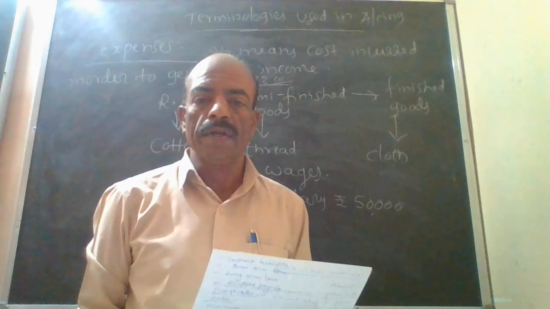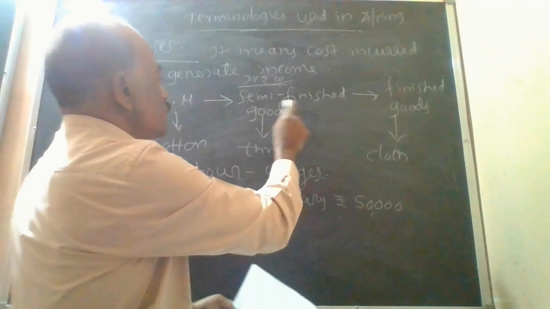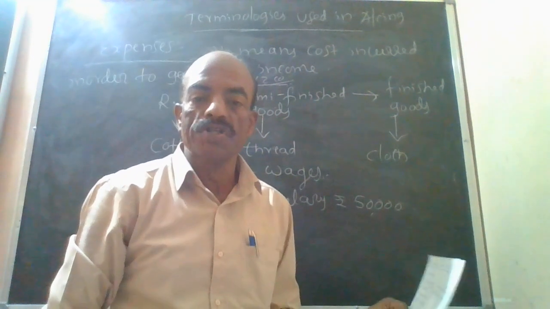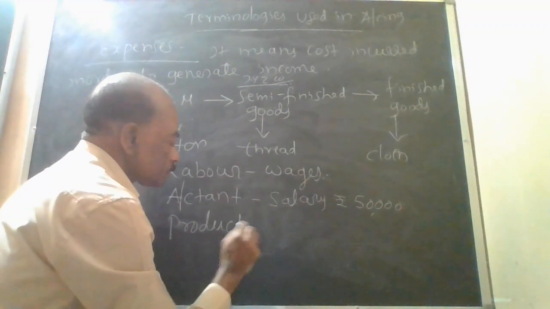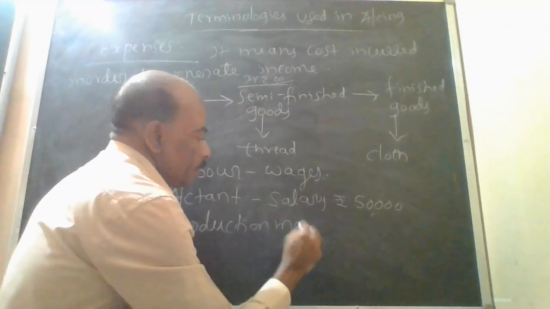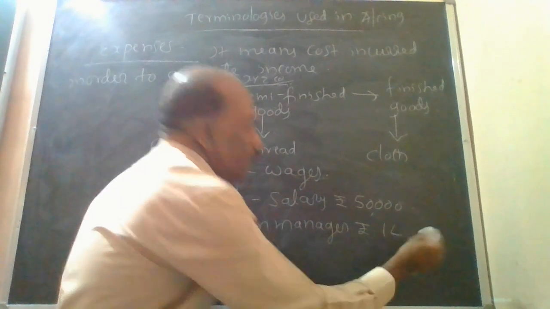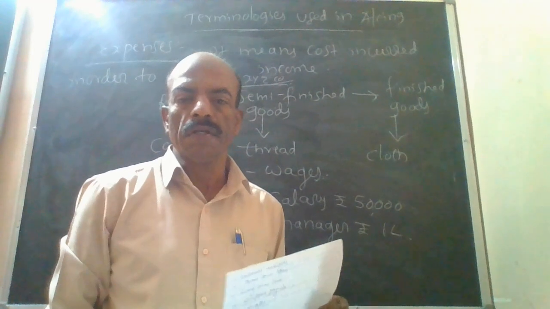We are going to convert the raw material into semi-finished goods or finished goods. For that, we have to appoint a production manager. For them, we have to pay salary of 1 lakh rupees per month. So like this, various expenses we are going to incur.